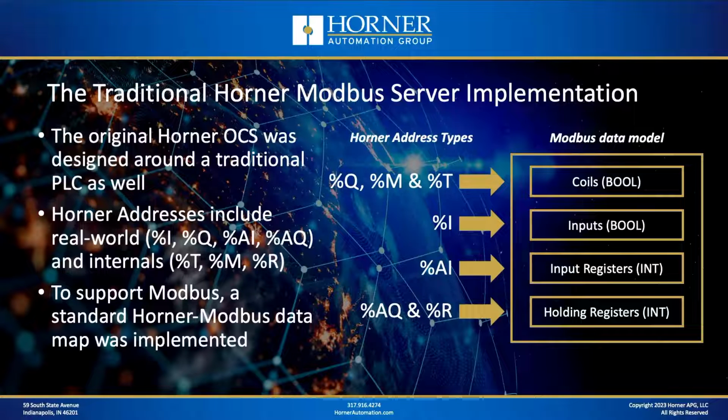Now, the address types are a little different. There's more different types of addresses, not just 4, but it was really quite easy to set up a variable map between Modbus data types and Horner data types. So that's really the way it's been accomplished over the years for just about all the different programming styles within the Horner controllers. So this standard map has really served everyone well.